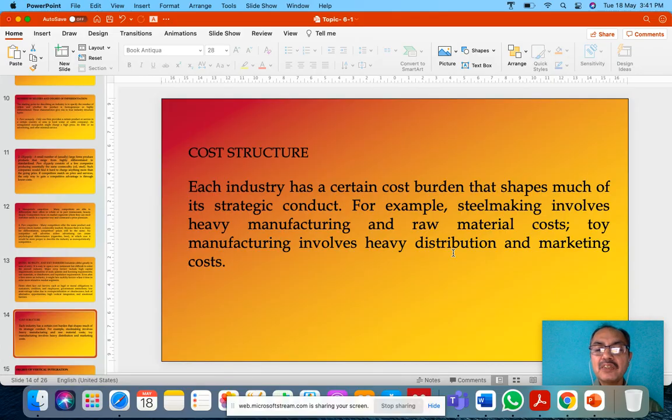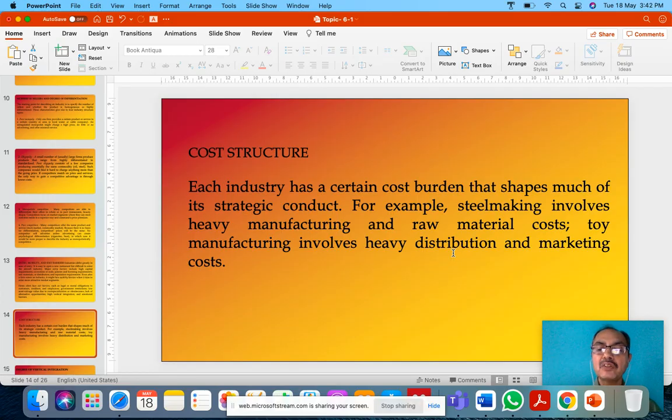Cost structure is also vital to understand the industry. Each industry has a certain cost burden. If you take the example of a steel making company, the cost burden in manufacturing is very high. But in the toy industry, the manufacturing cost would be less, but you invest more in heavy distribution and marketing cost.